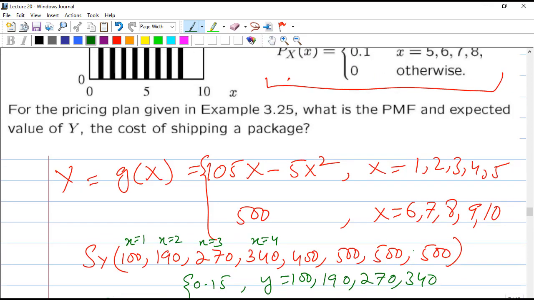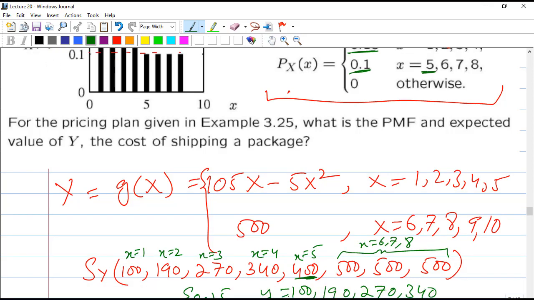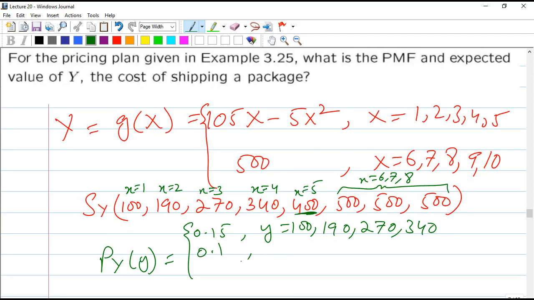And what about y equal to 400? Its probability is 0.1 because it is just a single value, 400 for x equal to 5, but these are repeating values for x equal to 6, 7 and 8. So it would be simply 0.1 for y equal to 400.